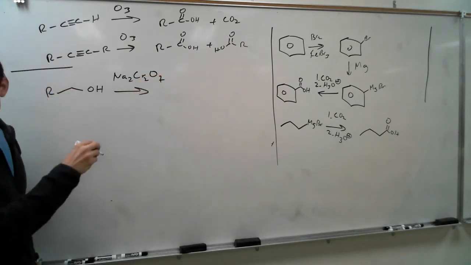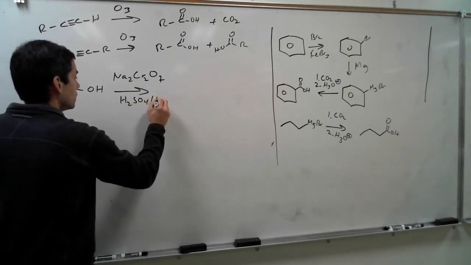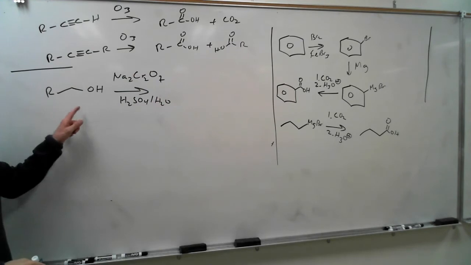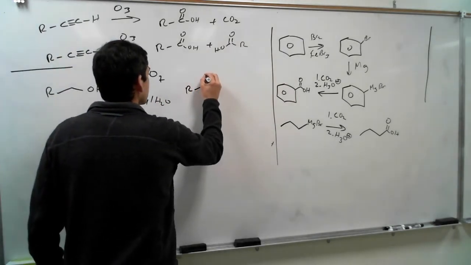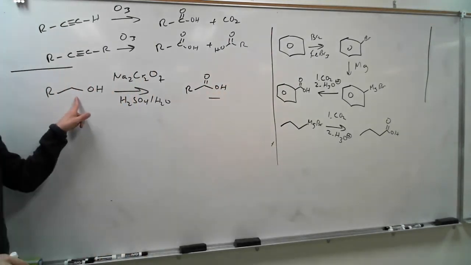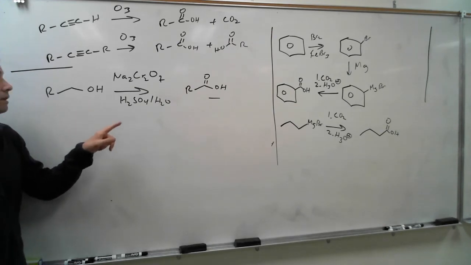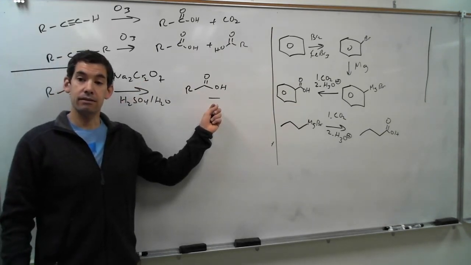And this is going to be with H2SO4 and H2O. And we can oxidize it. A primary alcohol can be converted into a carboxylic acid. So that's another way we can make a carboxylic acid, right? We can take a primary alcohol and react it with our chromium reagents to oxidize it to a carboxylic acid.